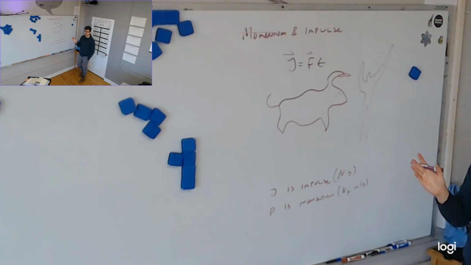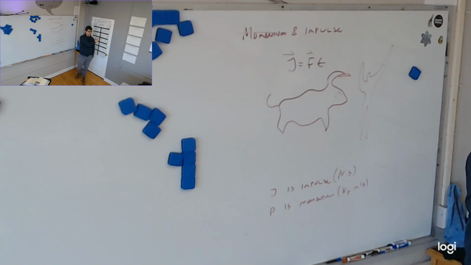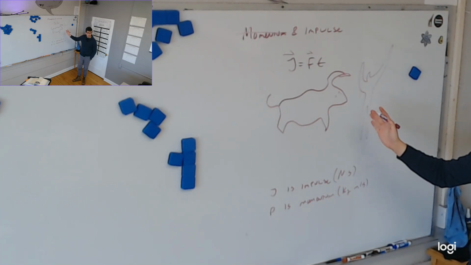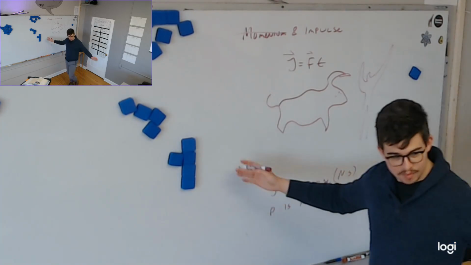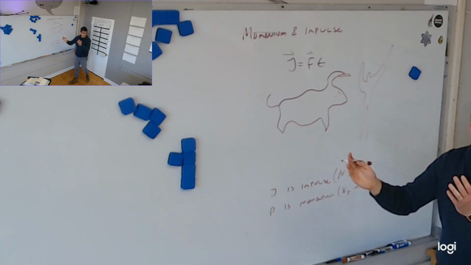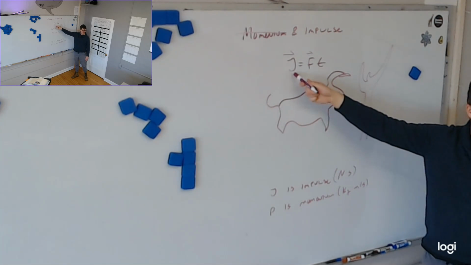Instinctively, not just because the bull is scary and has 3 eyes, the bull will hit you. You're not running away to escape the bull. Would you, in order to decrease your injuries, which is what people like to do, go at the bull or back away from the bull? You'd back away. Just instinctively we do it, but it's actually physically because of J equals Ft.